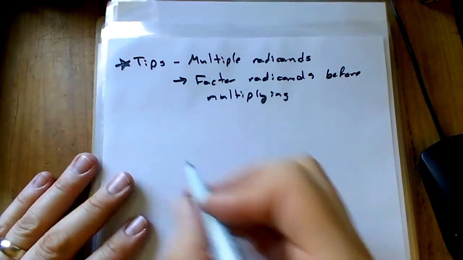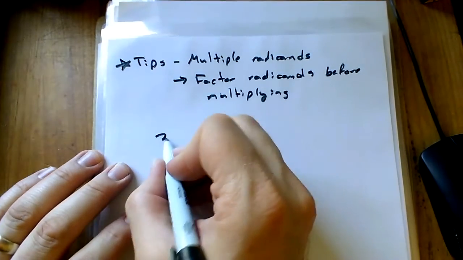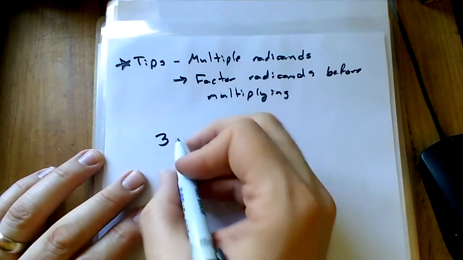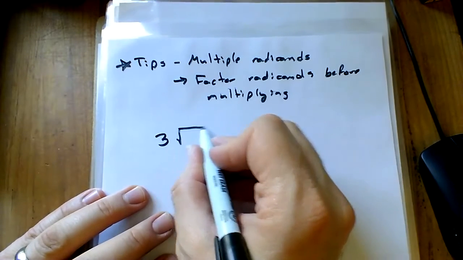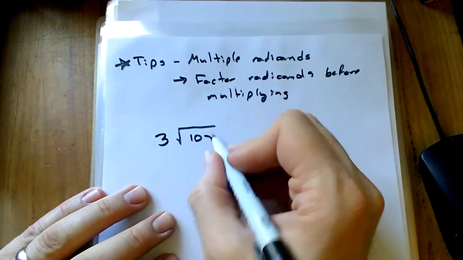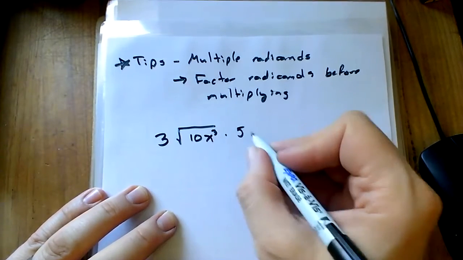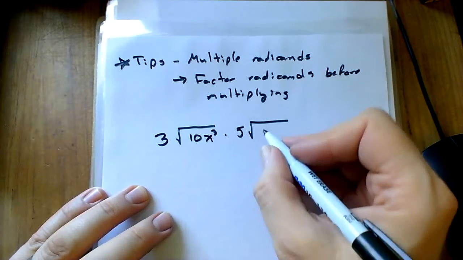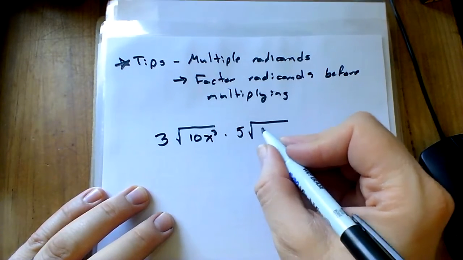And here is why. Say I've got something like, let's say we've got, I seem to like threes a lot today. So I've got 3, and I'll do the square root of, say, 10x cubed. And then I'm going to multiply this by 5 square roots of 6xy.